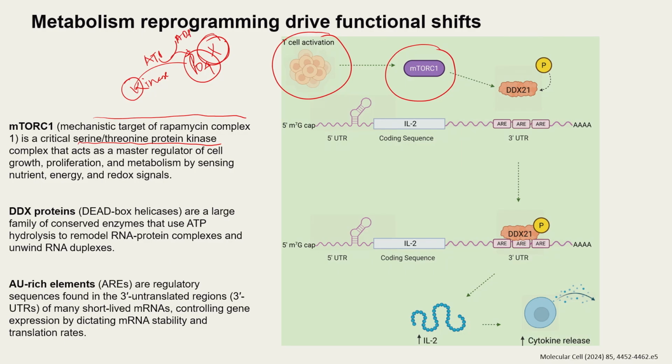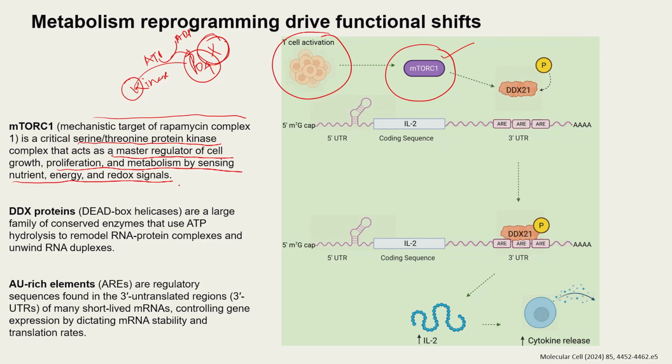So this is a very, very important kinase, a serine threonine protein kinase complex that acts as a master regulator for cell growth, proliferation and metabolism by sensing nutrient, energy and redox signaling.